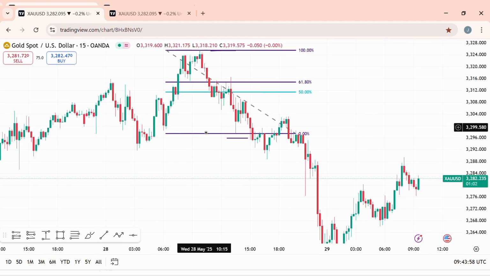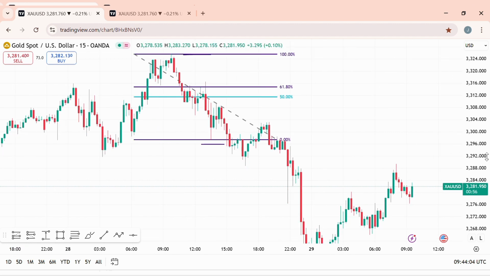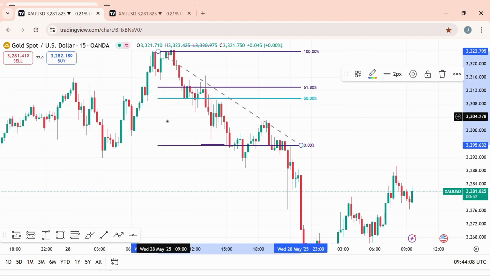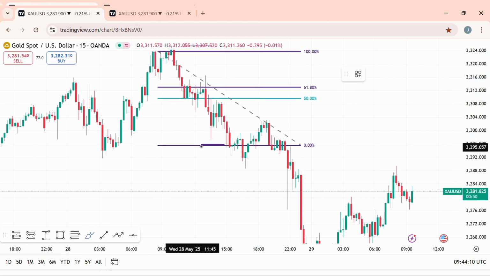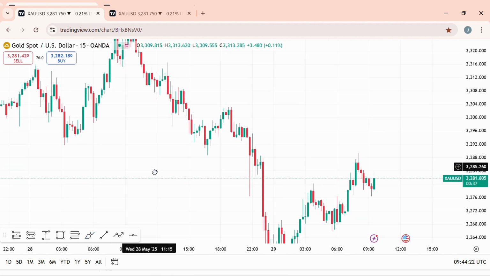If you could have entered the market at this point, and placed a stop loss of around 50 pips, basically for gold, you could still have won this trade. But let's look for a more precise one.